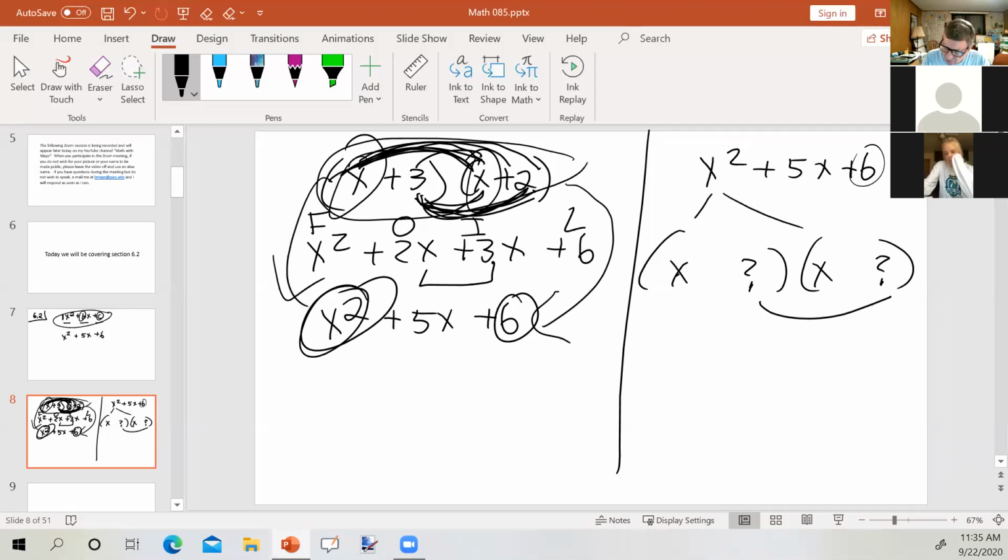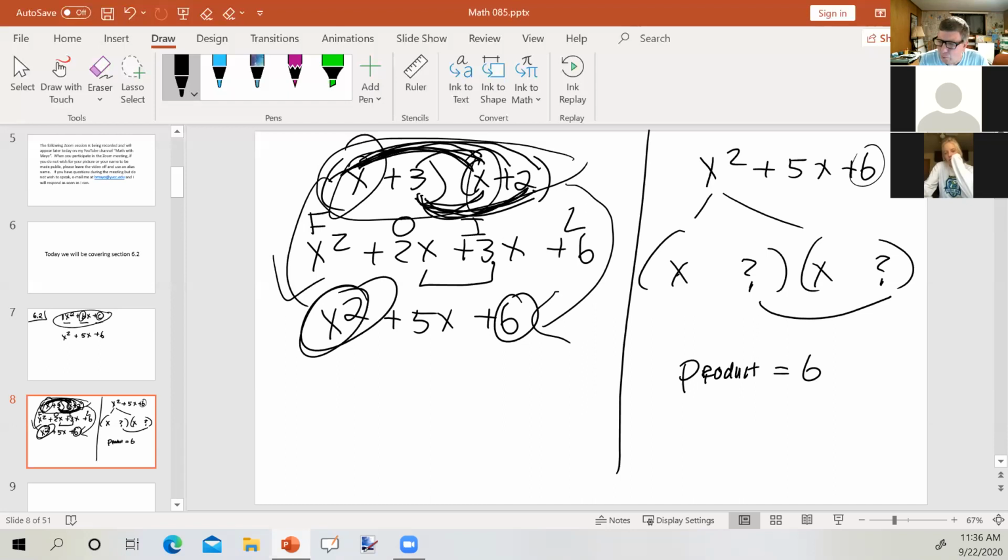Okay, so we need a product that equals 6. Now the problem is there are a lot of different pairs of numbers whose product is 6: 6 and 1, 2 and 3, -6 and -1, -2 and -3.